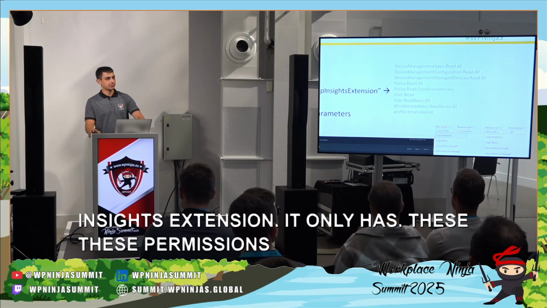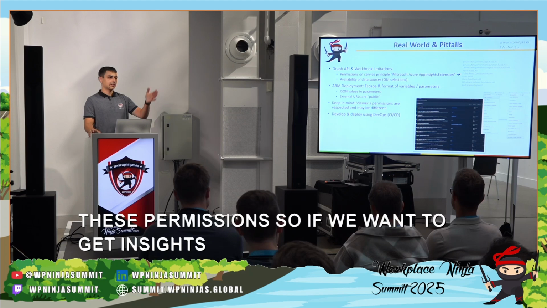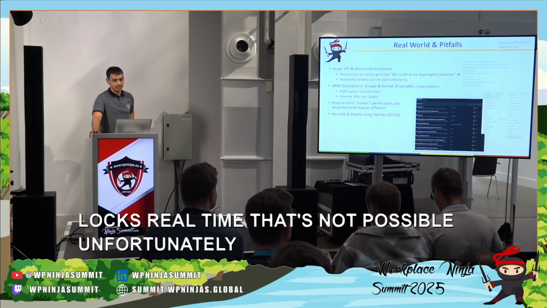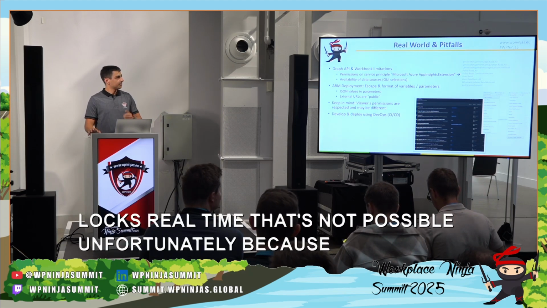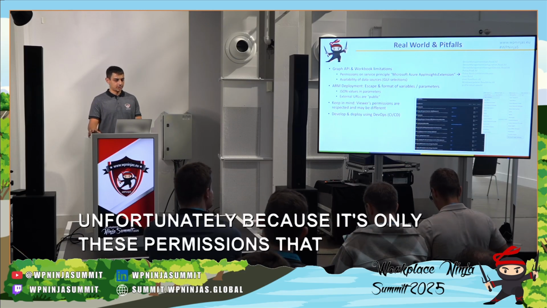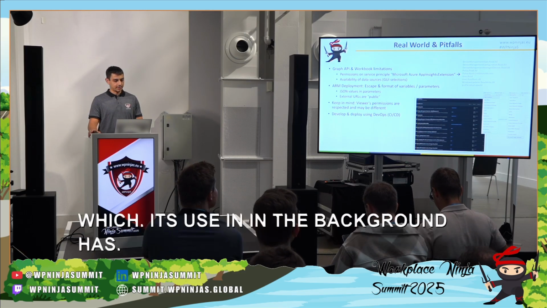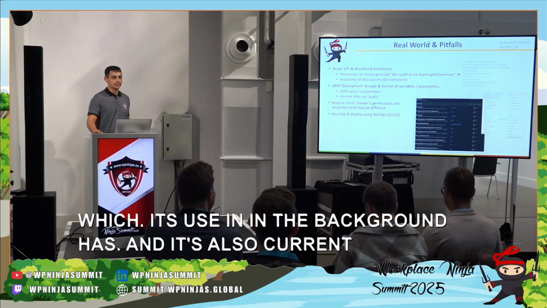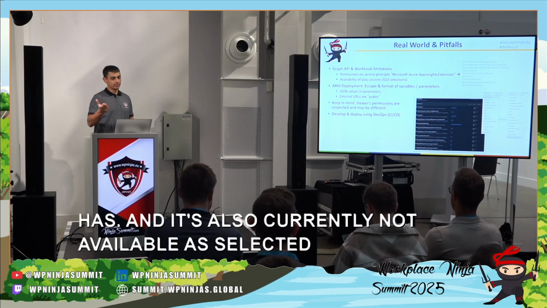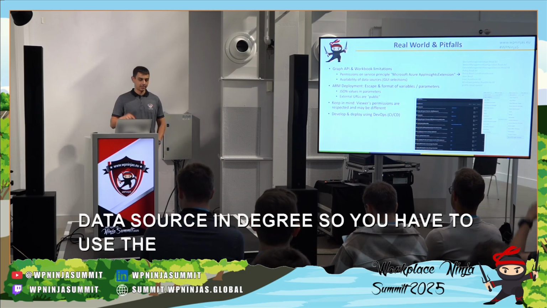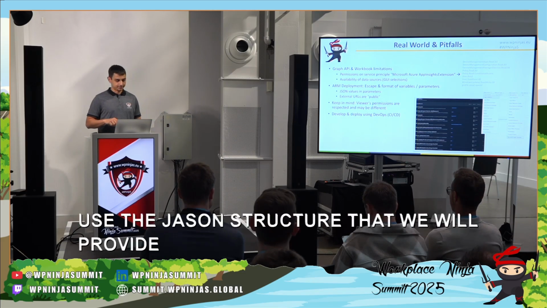So if we want to get insights into, for example, audit logs in real time, that's not possible, unfortunately, because it's only these permissions that the token used in the background has. And it's also currently not available as a selectable data source in the GUI, so you have to use the JSON structure that we will provide at the end.